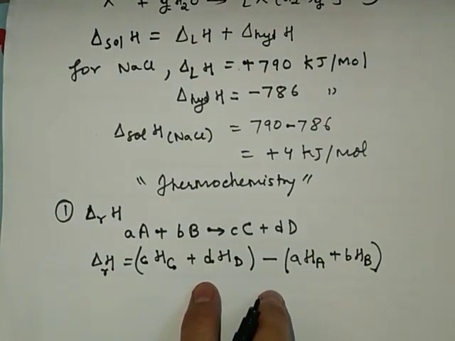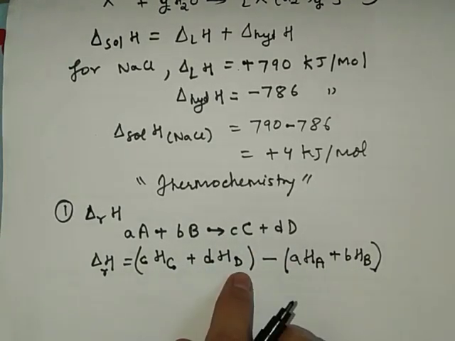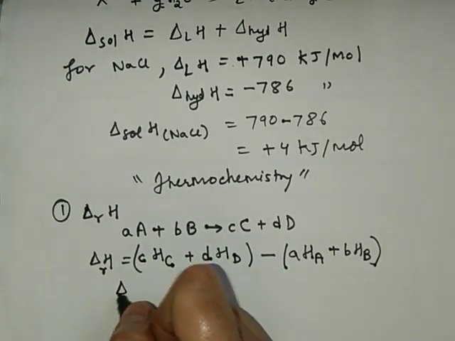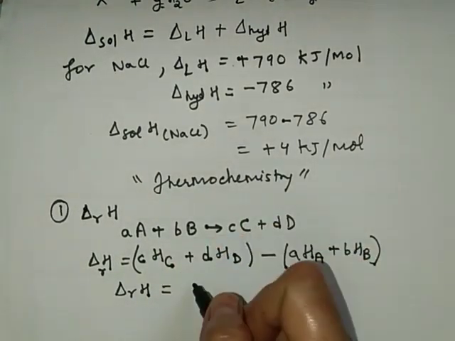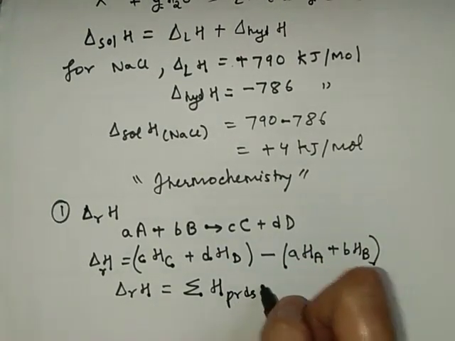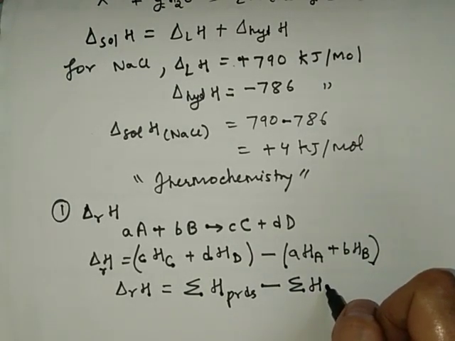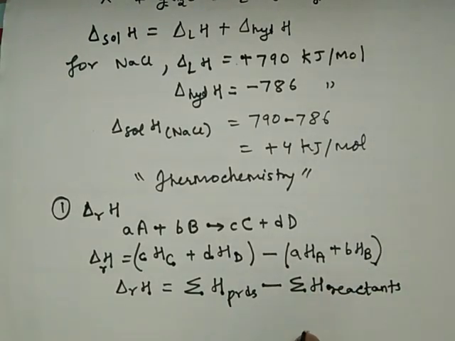Okay, products minus reactants, where HA, HB, HC and HD are nothing but the molar enthalpies of A, B, C, D respectively. So what I can say is that delta RH, the enthalpy of reaction, is the summation of molar enthalpy of the products minus the summation of total enthalpy of reactants. Summation means sum.